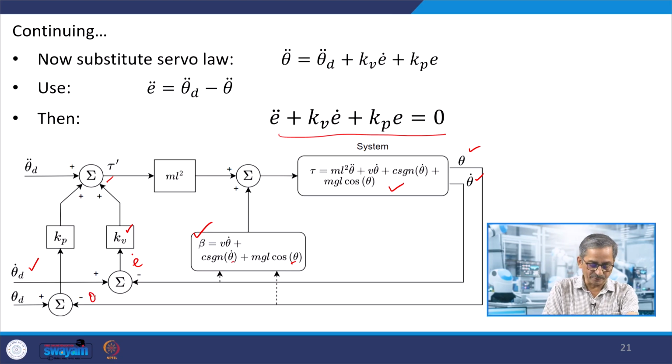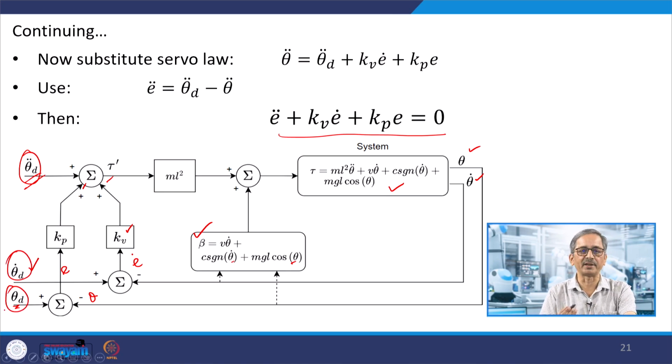Similarly, I get theta from here and theta d from here, find the error, multiply with the gain, and send it over here. Theta d double dot I get from my trajectory generator, along with the other desired values. I add them up, which constitutes tau dash, multiply with ml square, and then add beta, so I get my tau. This is how the system is.